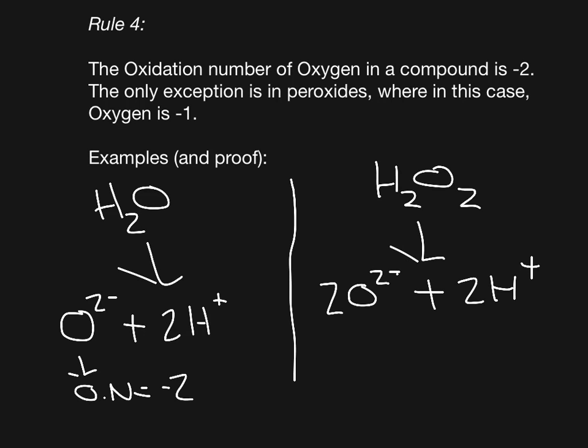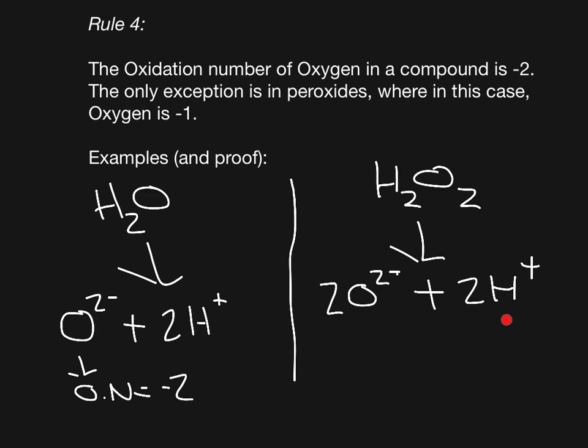So here, if I add up all the charges, I'll get 2 lots of 2 negative, which is going to be -4, plus 2 lots of +1, which is going to be +2.